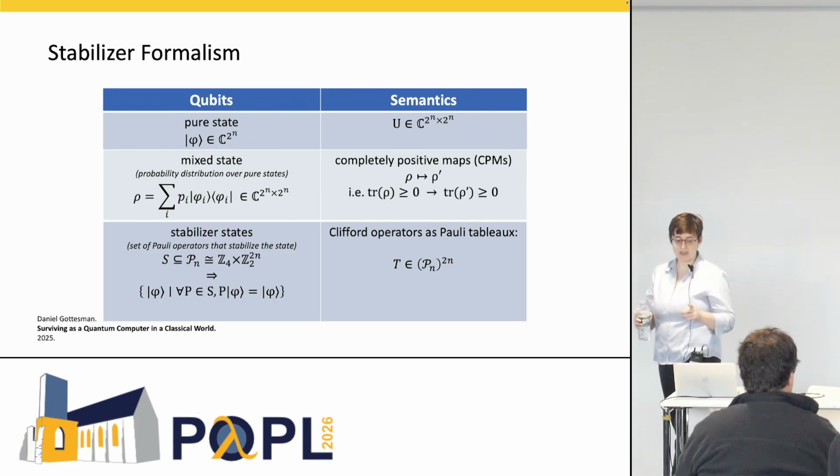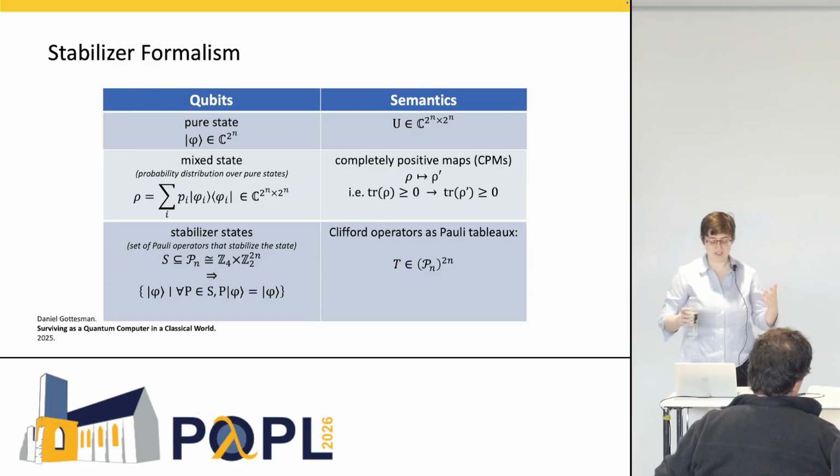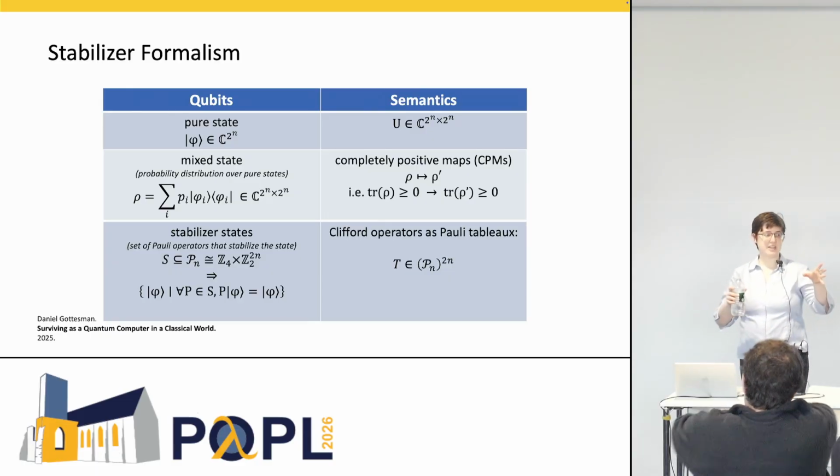Okay, so what's going on here? A state is characterized by the set of some operators S, such that when you apply that operator to your state, it doesn't do anything. It stabilizes that state.